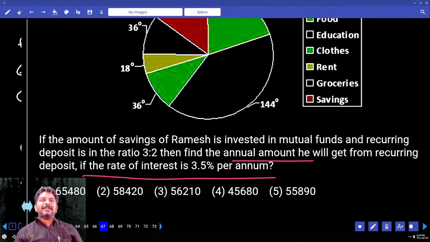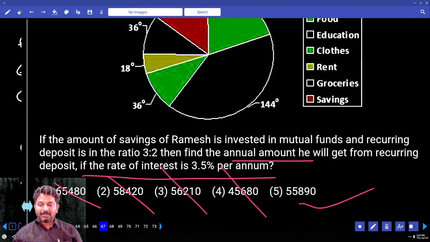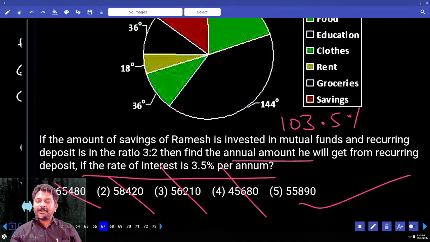Is 103.5 a 9 multiple? That's what I verified. Can it be the first option? No. Second? No. There is only one. After 1 year you are going to get 103.5%. That is a 9 multiple.